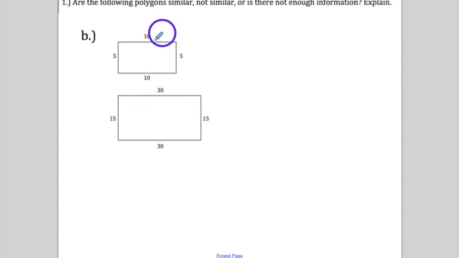So the longest side in the top four-sided figure here is 10. And the longest side down here is 30. And then we need to check 5 and 15.